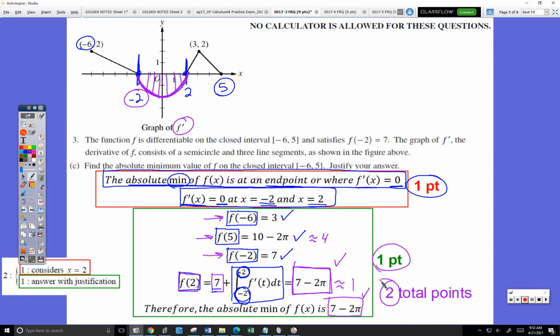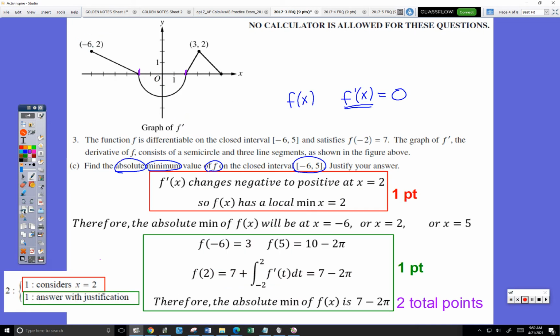Oh, I guess I could show this. An alternate way of doing this would be to tell the grader that because you're looking for the absolute minimum, you know that the absolute minimum of f could occur at the x-coordinate on the left or the x-coordinate on the right. Otherwise, the absolute min of f would have to occur at a relative minimum.